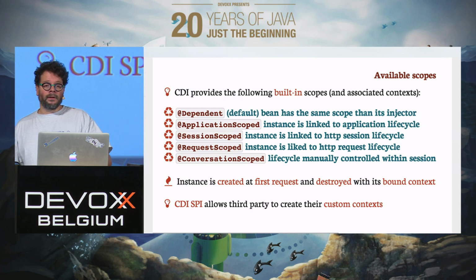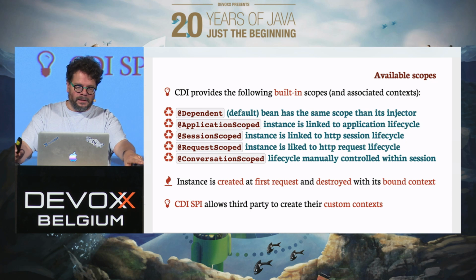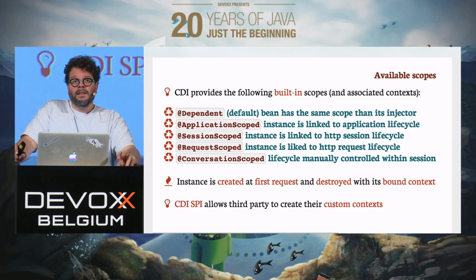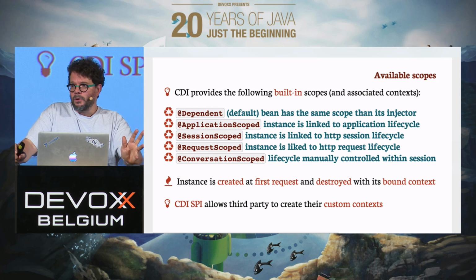The second scope available in CDI is the application scope. The application scope says this bean will be created the first time it is requested for the application, and it will be used for the whole application lifecycle until the application is undeployed. The session scope is linked to the HTTP session.